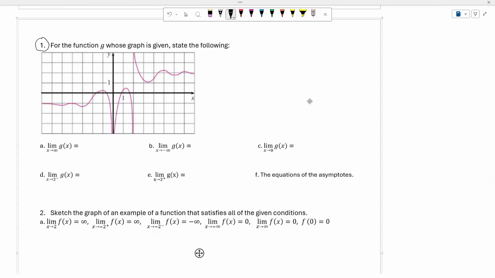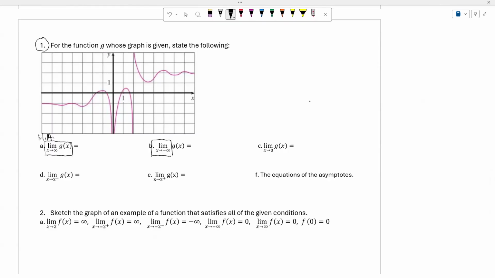When x approaches infinity or negative infinity, we are talking about the horizontal asymptotes of the function g.